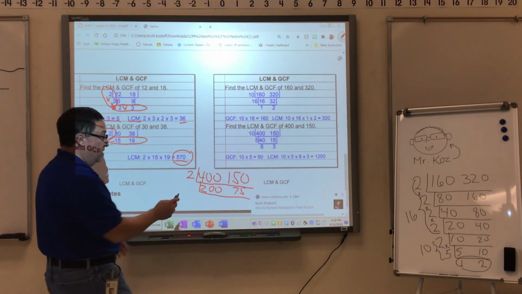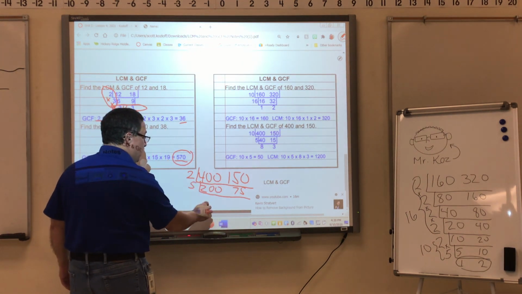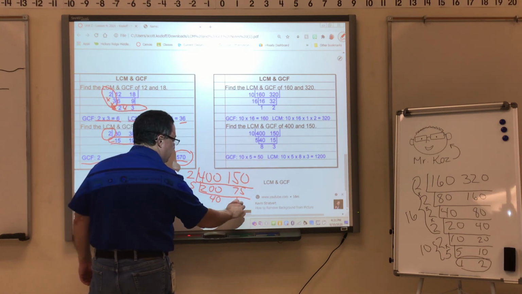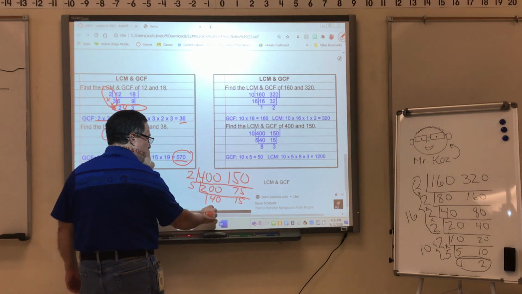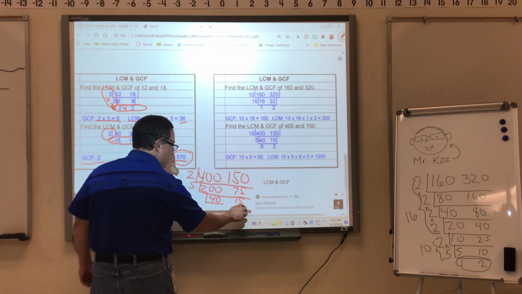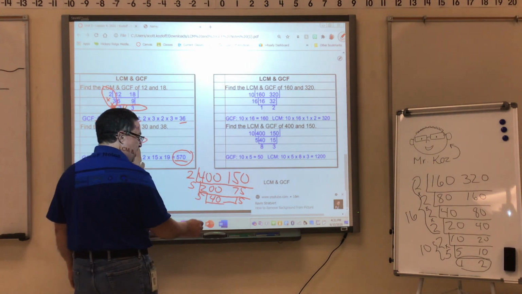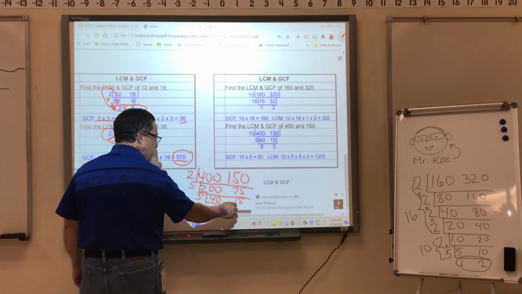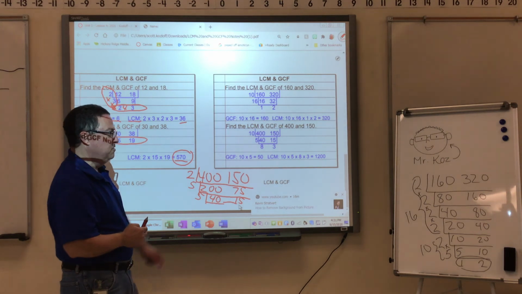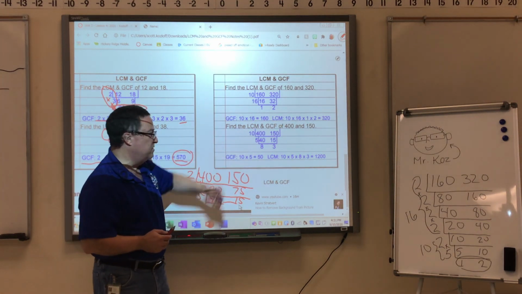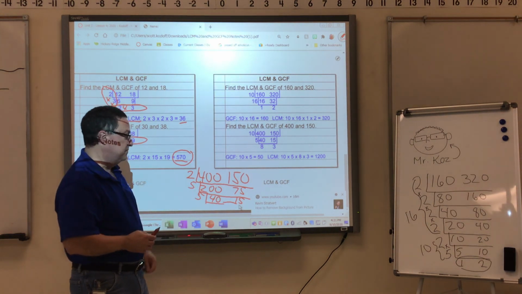A 3 doesn't work. So then I would take out a 5, which makes this 40 and makes this 15. And then I would take out my last 5, which gives me an 8 and a 3, which I can't actually show you there. I could show you here. So that's still 2 times 5, which is 10, times 5.